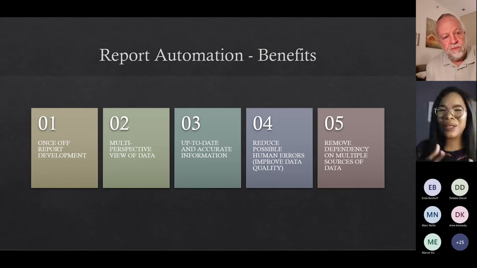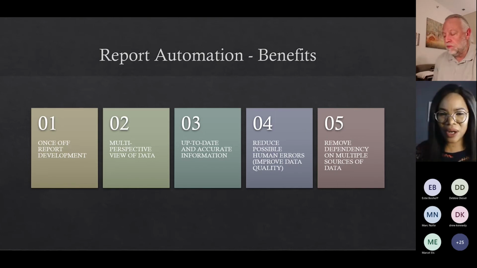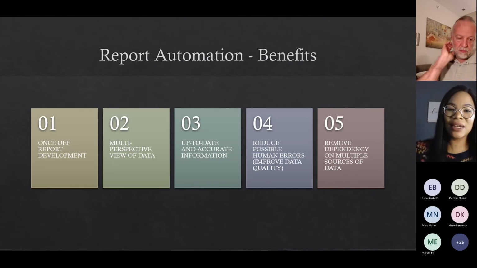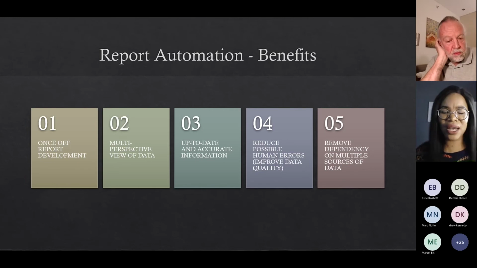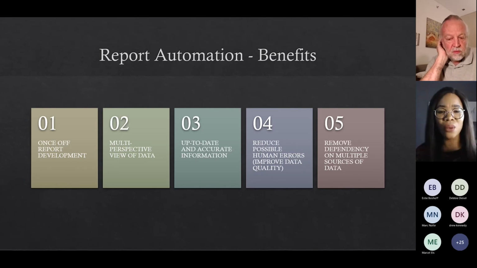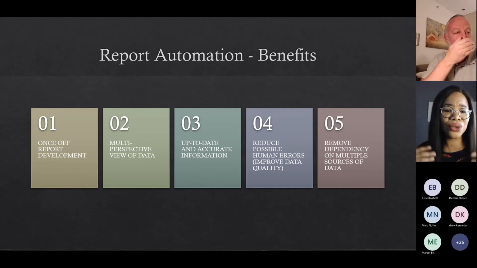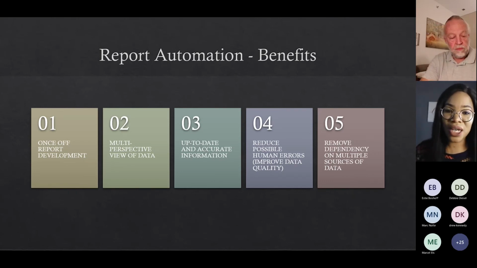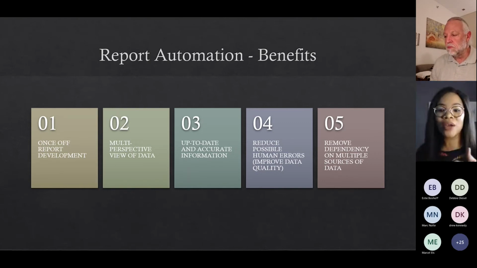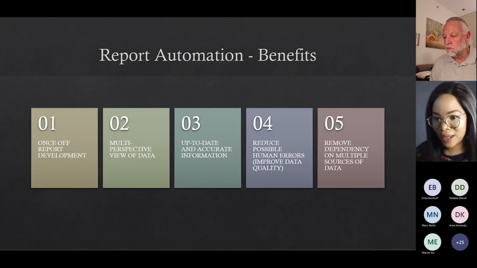So there could be a lot of human error in there. But if a system is built once, then even if you have a new analyst in a year's time, or a new dev in a year's time, everything would be documented and in place. You just need to go in there and view it if you want to change certain data, or when you want to view it in a different way. So everything is going to be well managed there.